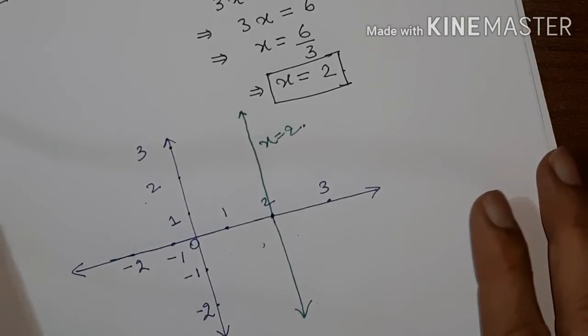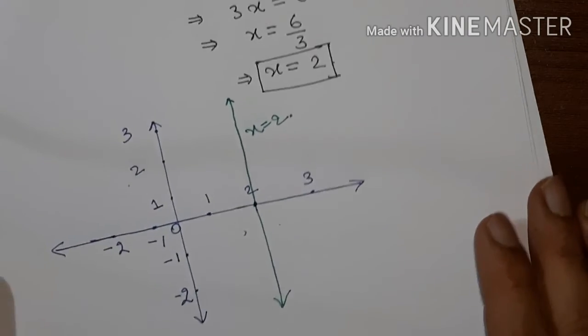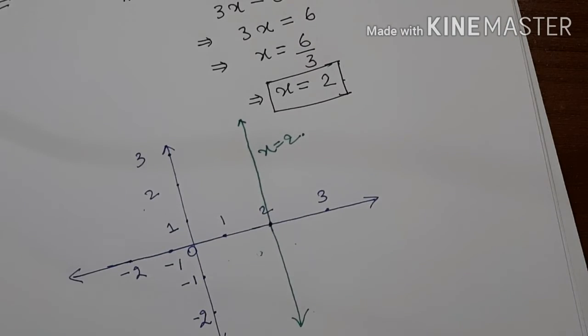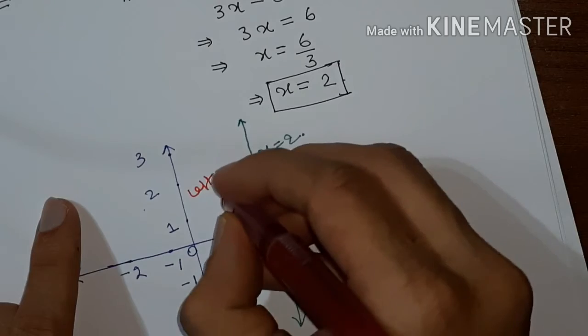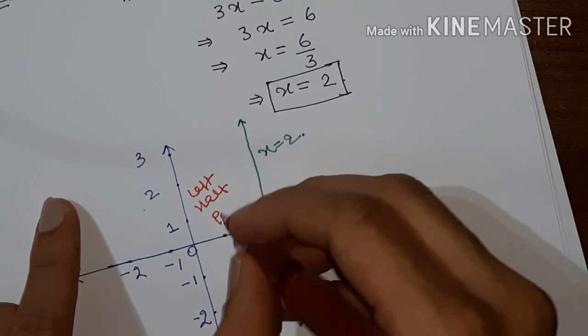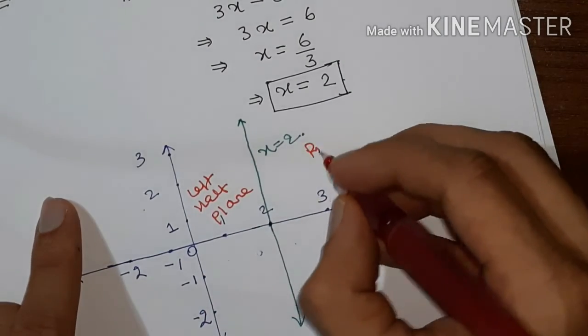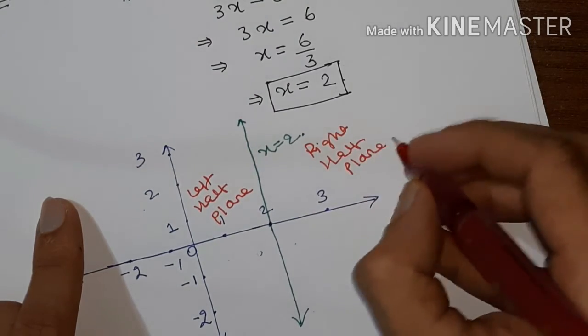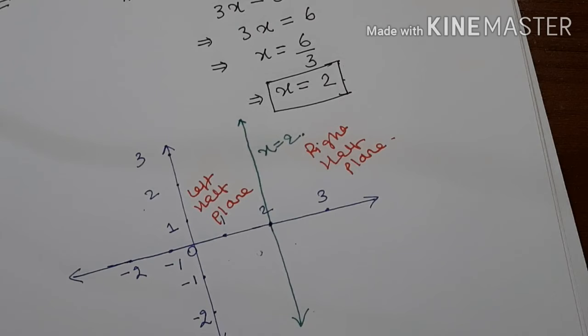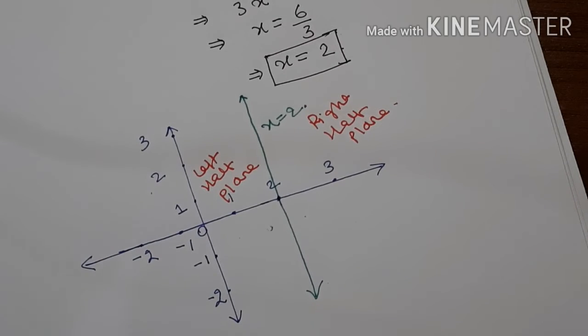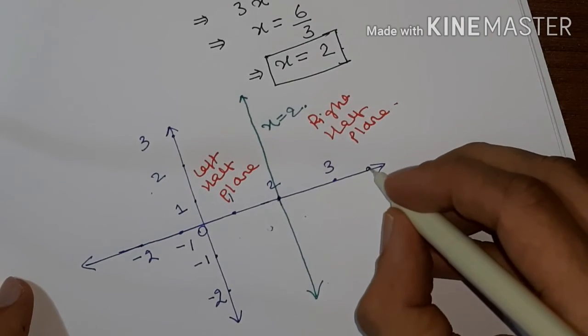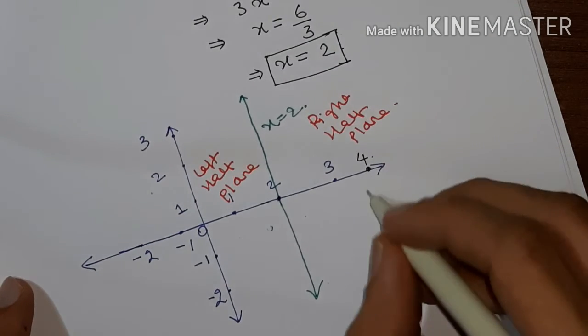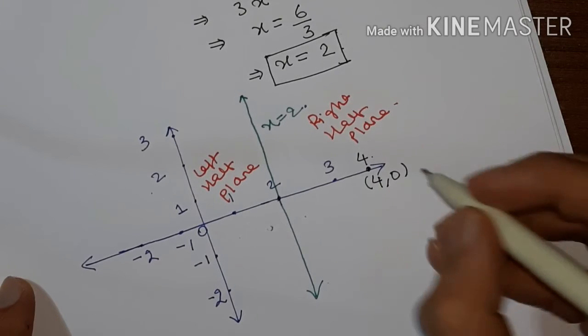Now what we have to do, we have to take any point on the left half plane or in the right half plane. So I will take a point which is in the right half plane. I will take a point here, so that is 4 comma 0.